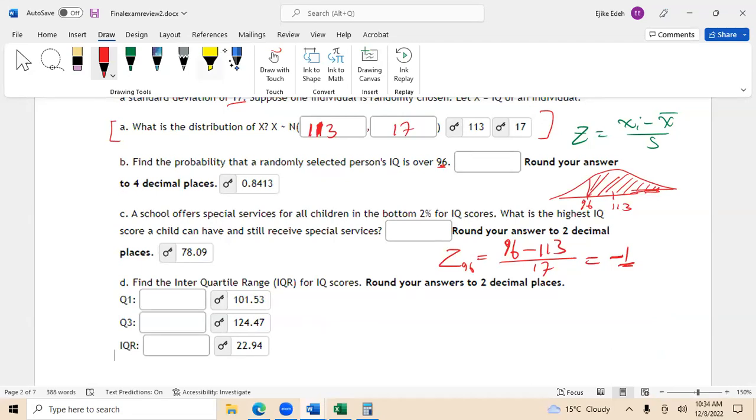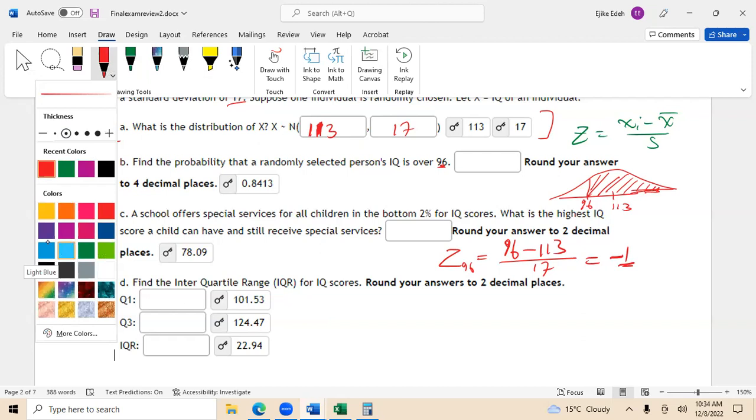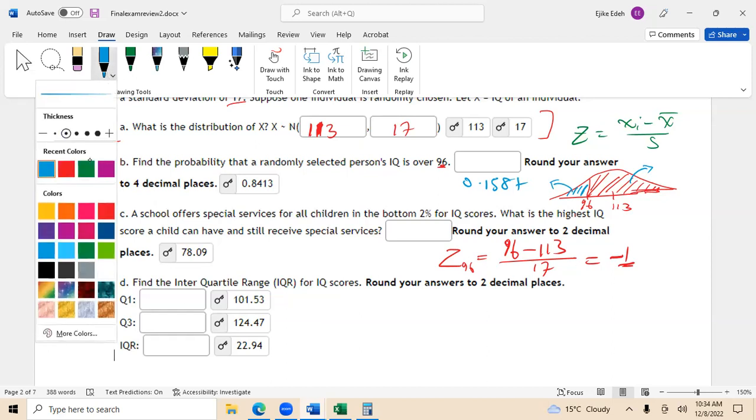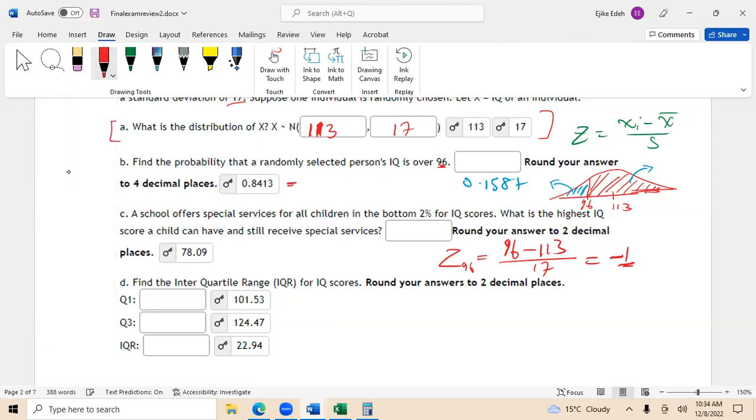So it's like saying this area is 0.1587. The question is, what is this red area? That's what you're looking for. So the answer to this question would be 1 minus 0.1587.